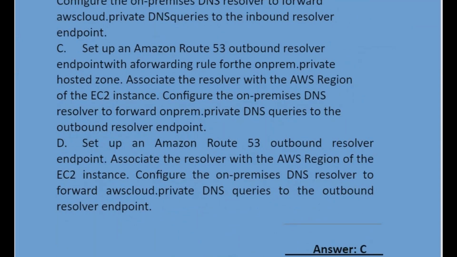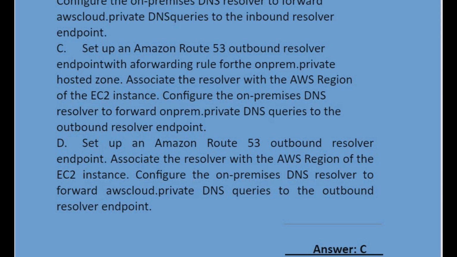Option C. Set up an Amazon Route 53 outbound resolver endpoint with a forwarding rule for the on-prem.private hosted zone. Associate the resolver with the AWS Region of the EC2 instance. Configure the on-premises DNS resolver to forward on-prem.private DNS queries to the outbound resolver endpoint.